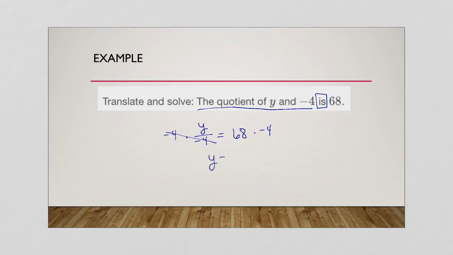You're left with y is equal to, and I'm typing in 68 times negative 4, and I get negative 272. All right, again, you can test this out, see if it creates a true statement. And whenever I do that math, I do get 68 is equal to 68. So that is the correct answer.